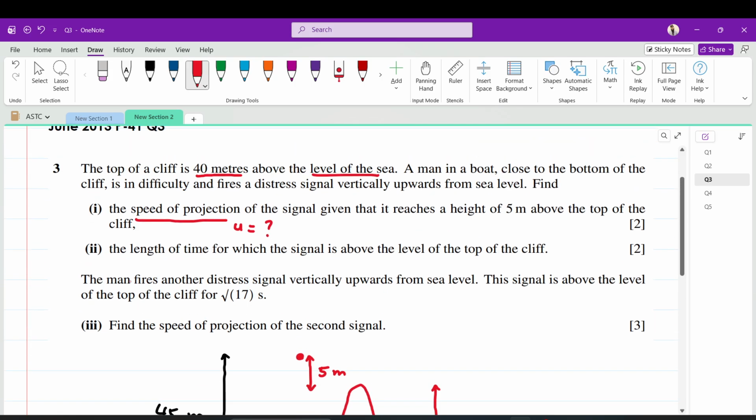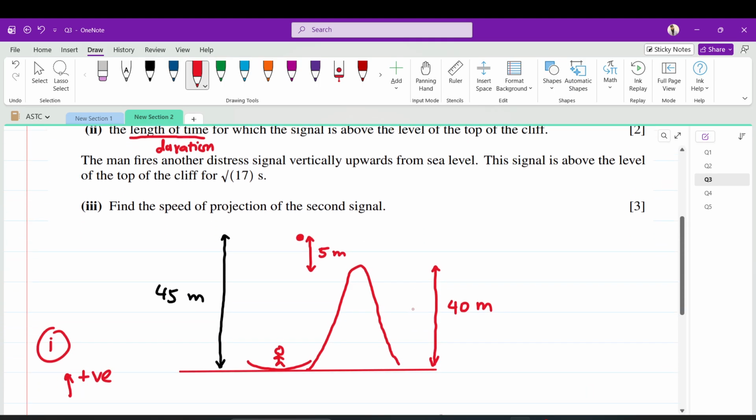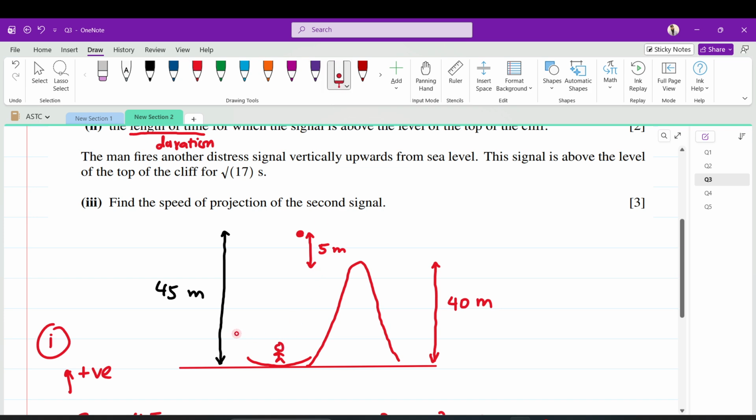Okay. Part 2, find the length of time. Again, the length of time means duration, for which the signal is above the level of the top of the cliff. So you need to find the duration when the distress signal was above the top of the cliff. So that means it is above 40 meters.